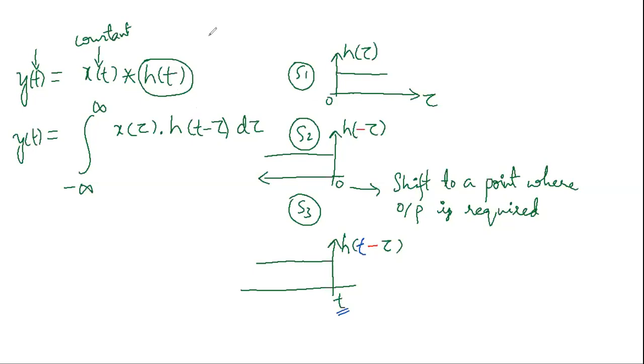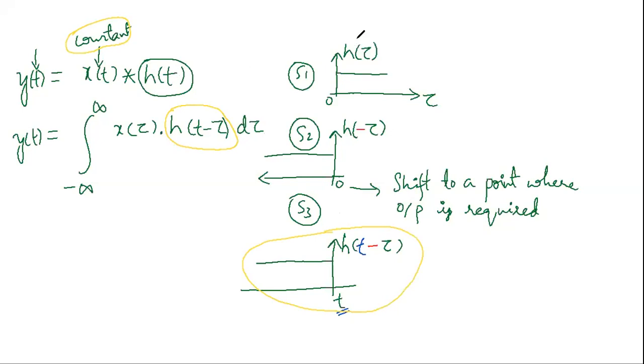So the second part of the signal that I've written here is h of t minus tau. Over here it involves three different steps. All I've got to do is keep one signal constant, and then vary the other signal.